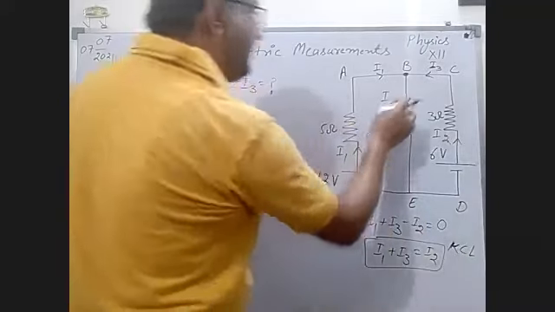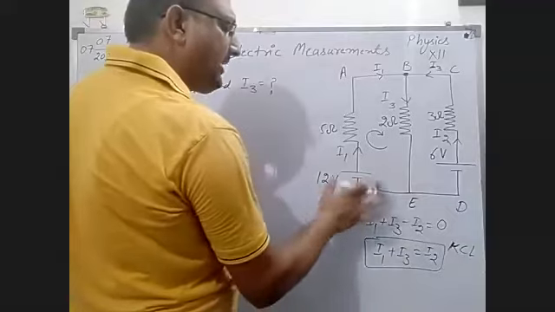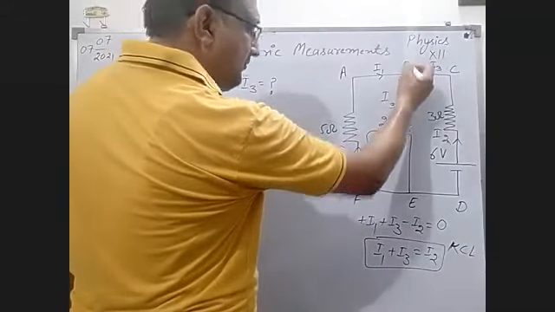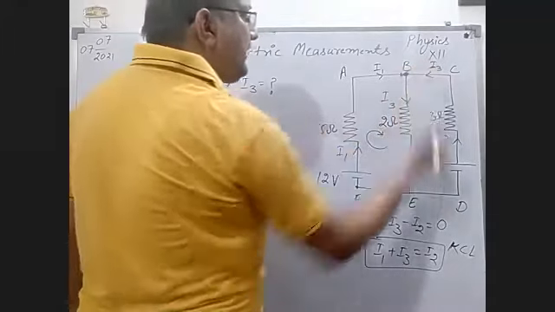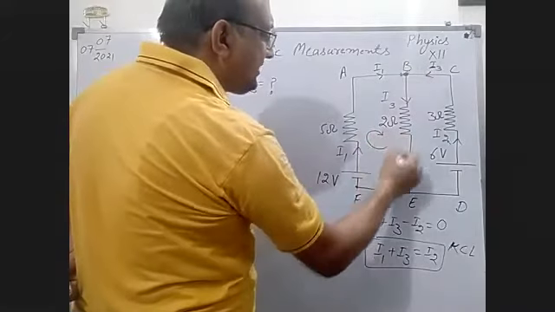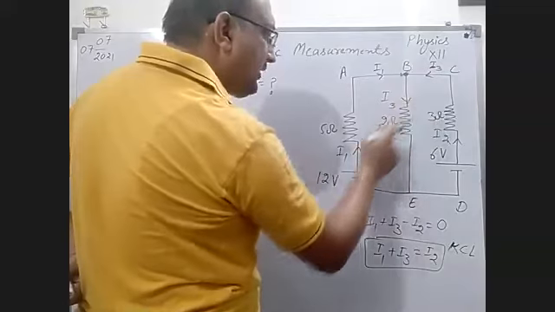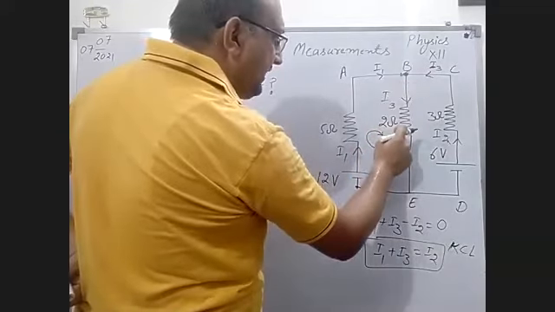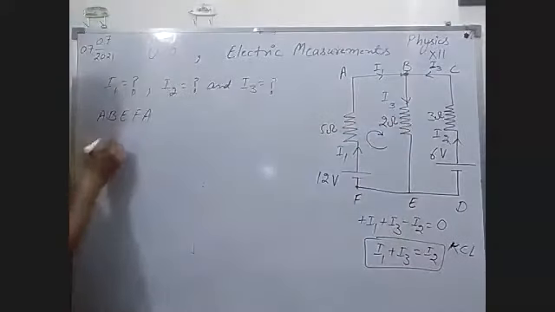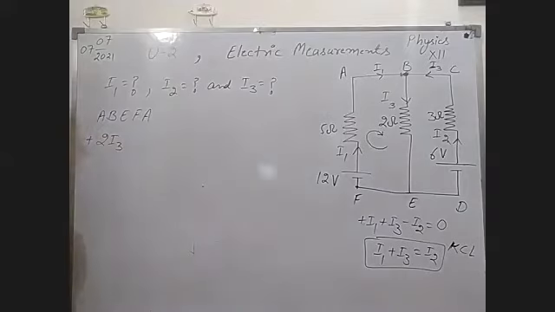Now take it from F or B or A or E, from anywhere you can take this thing. Start from B. I3, this is the direction. Now this is in the same order. I3 into 2 ohm. I3 is current, 2 ohm is resistance. So you can write here 2I3 with positive sign.